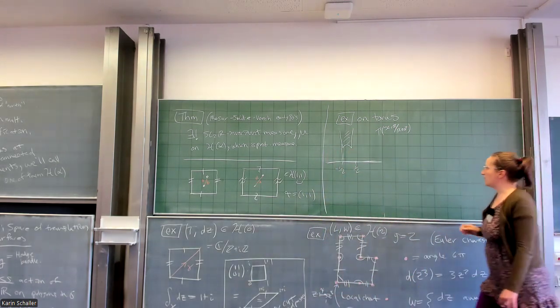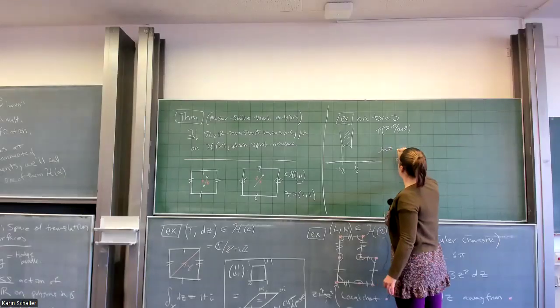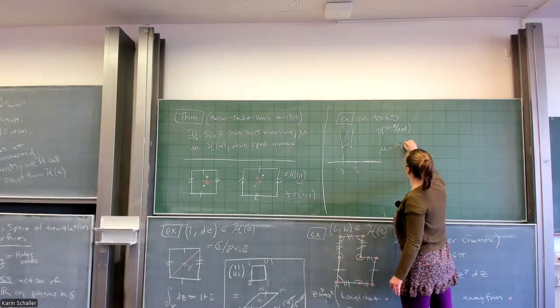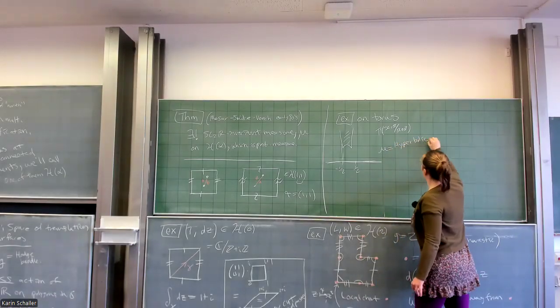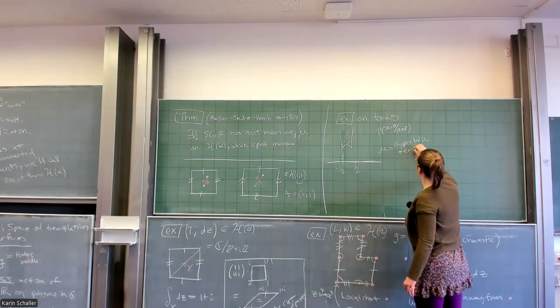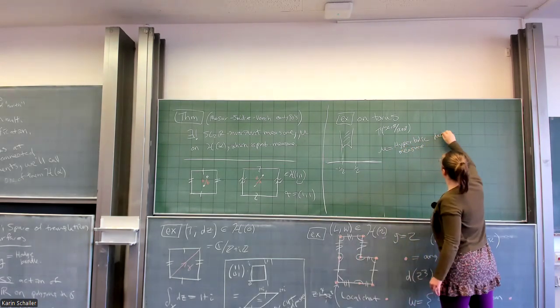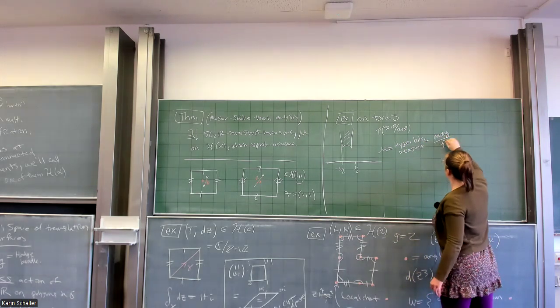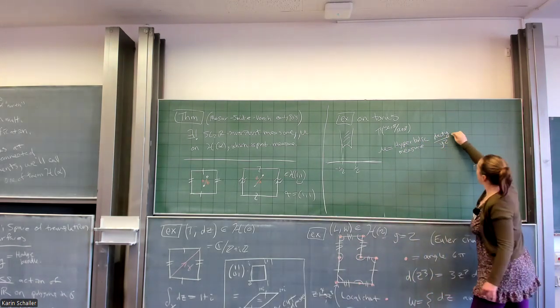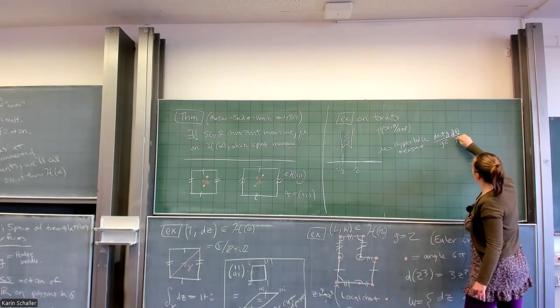And the measure mu is exactly the hyperbolic measure, dx dy over y squared in the upper half plane, times d theta over 2 pi.